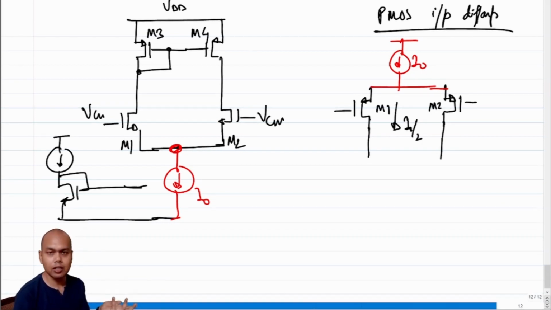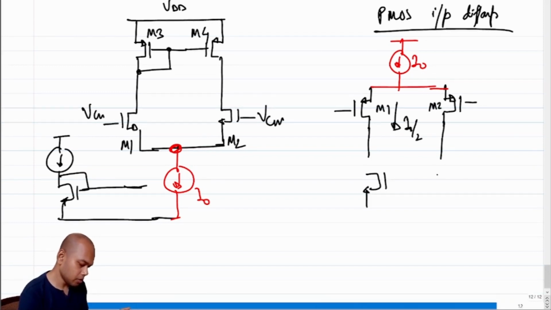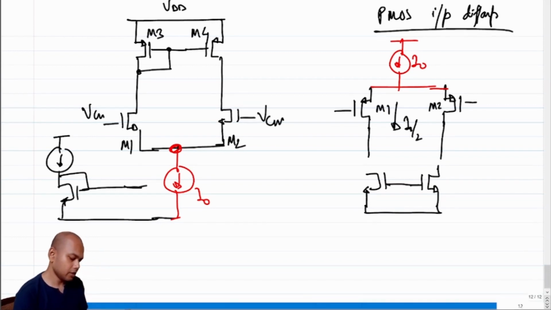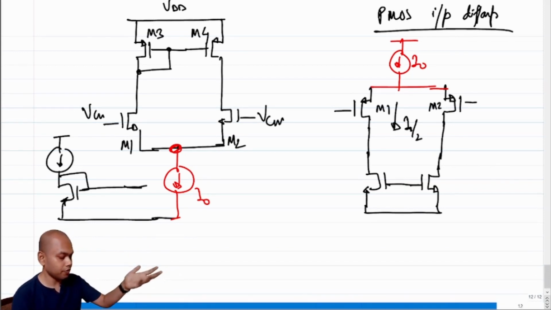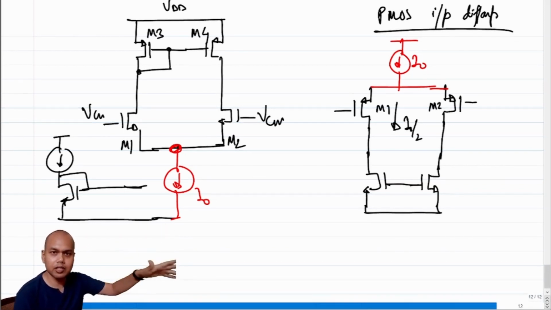M3 and M4 are PMOSes. We'll make them NMOSes, and their gates are connected, the sources are connected. And what is connected to the source? In the case of the circuit on the left, the source of the PMOS is connected to the highest potential, VDD.